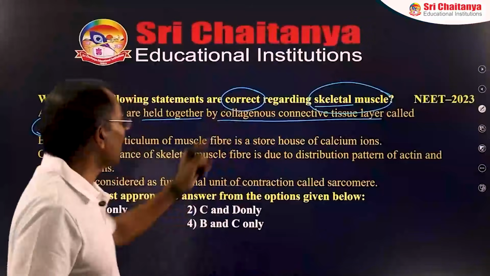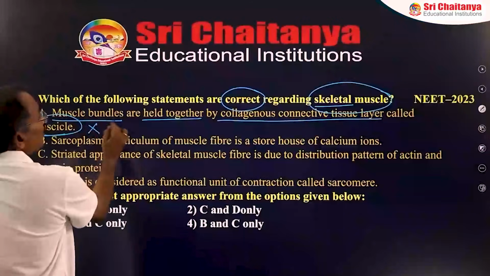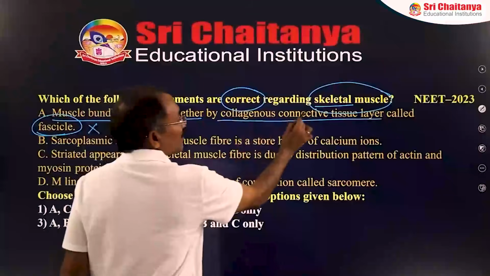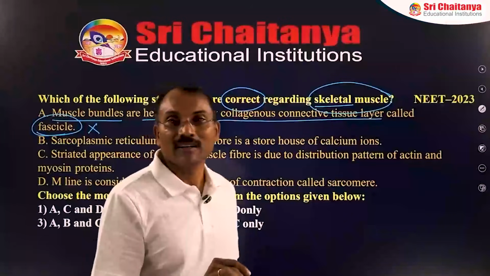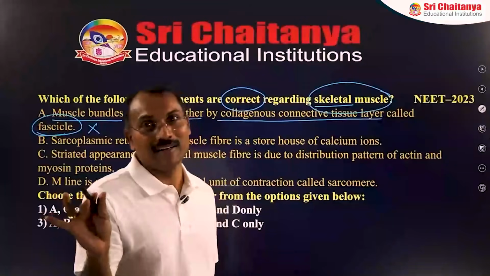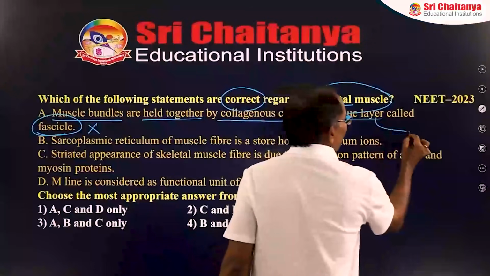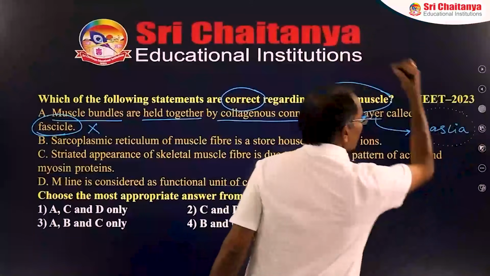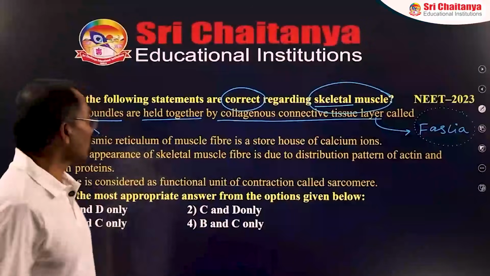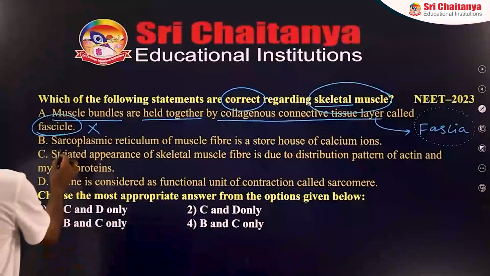But what about that layer? Muscle bundles are held together by collagenous connective tissue layer called fascia, but not fascicle. So, here the layer is known as fascia, not fascicle. So the statement is wrong.